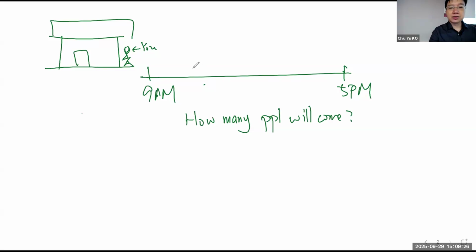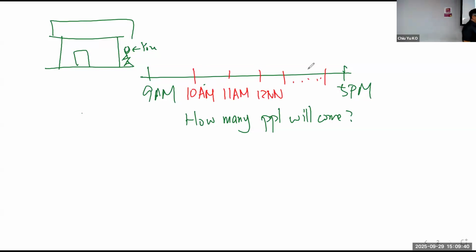Imagine that you cut the timeline into every hour, right? So on and so forth. Every hour, at most one person will come or no. Then how likely people will come in each hour is probability P, right? And each hour has the same probability, right?